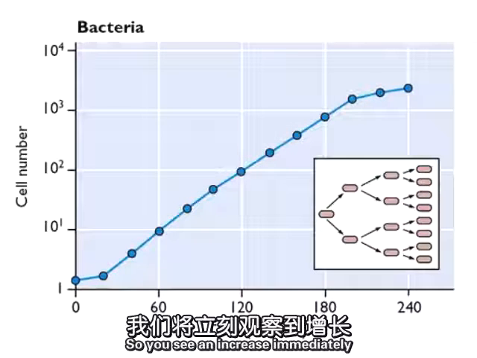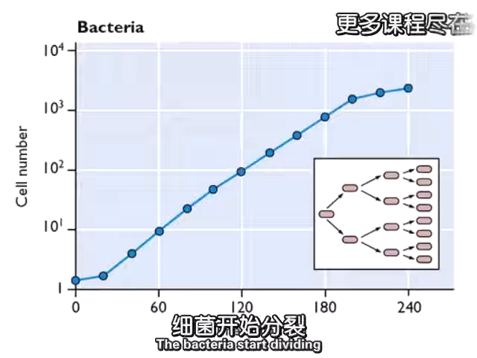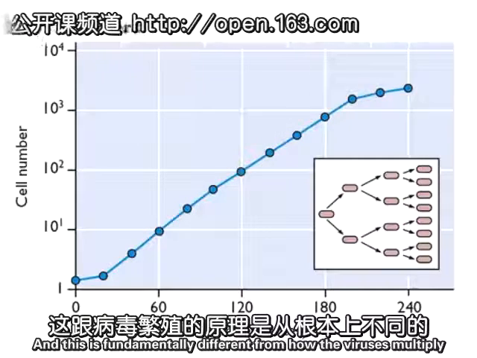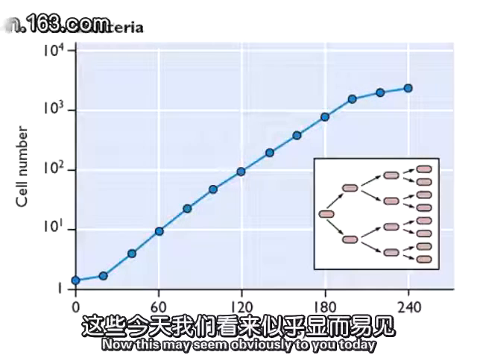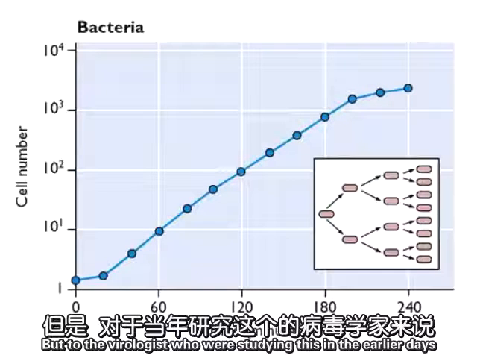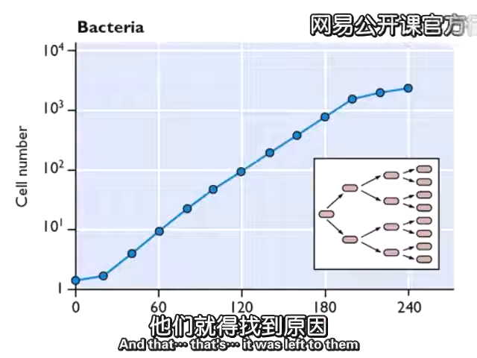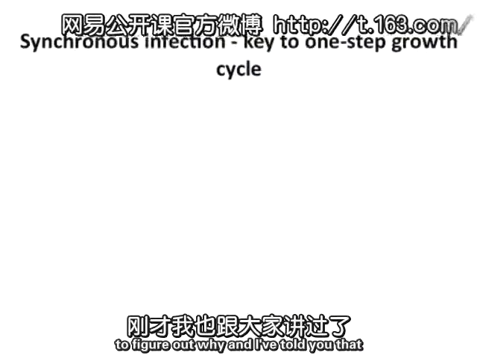So you see an increase immediately. There's no lag period. There's no eclipse. The bacteria start dividing. And this is fundamentally different from how the viruses multiply. Now, this may seem obvious to you today, but to the virologists who were studying this in the early days, they were surprised that viruses didn't multiply like this. And it was left to them to figure out why, and I've told you that.